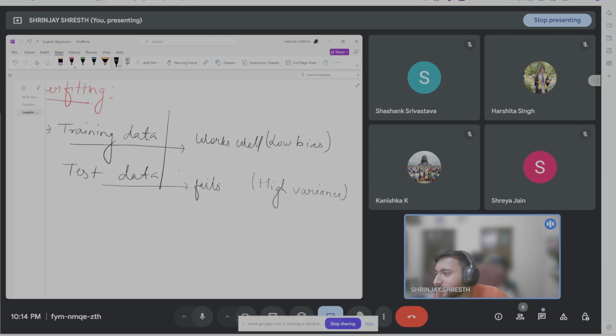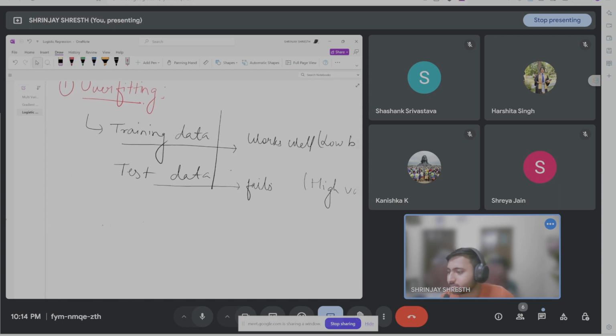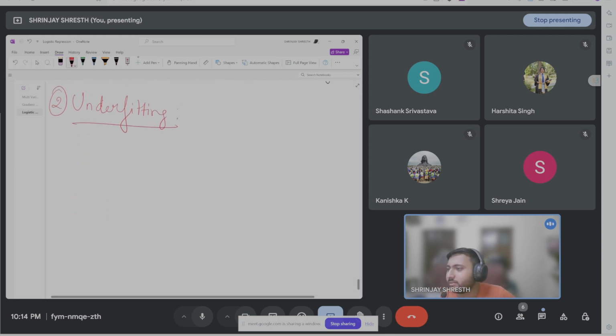Same is for underfitting. You again have training and test data.